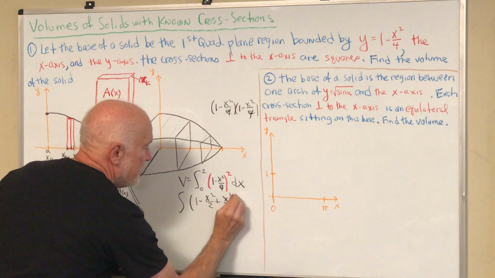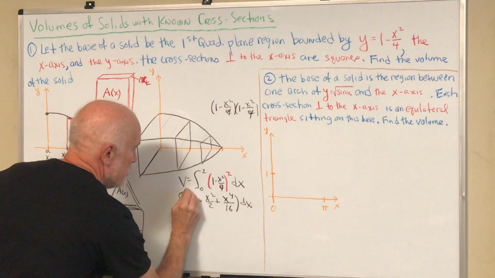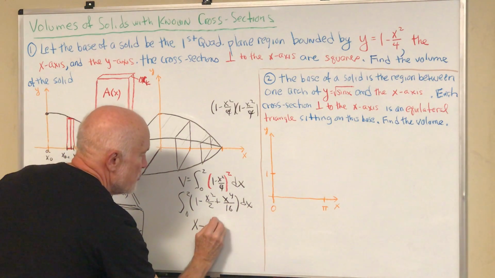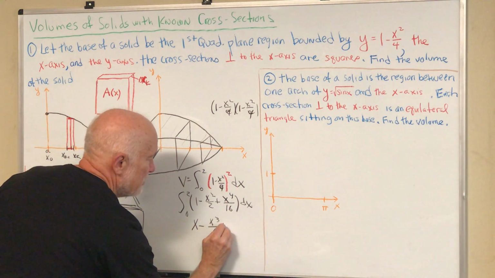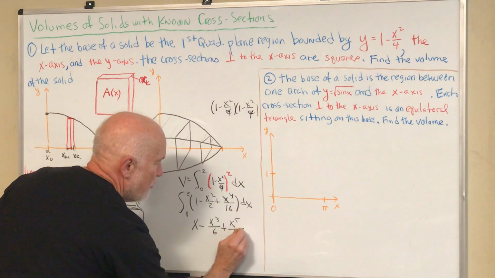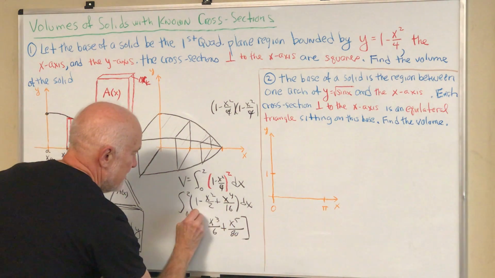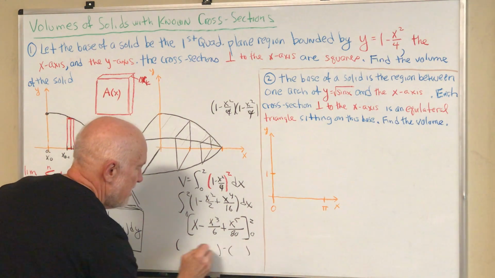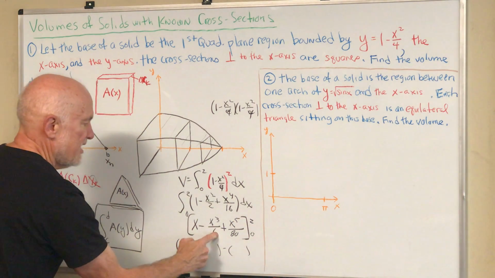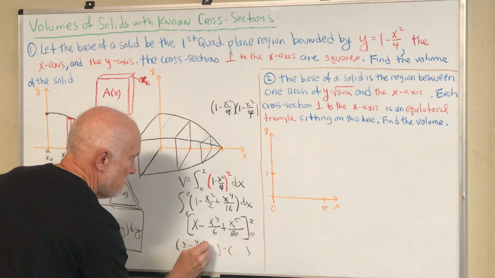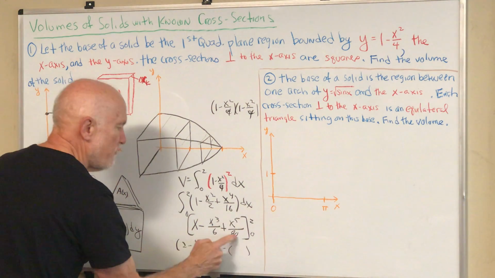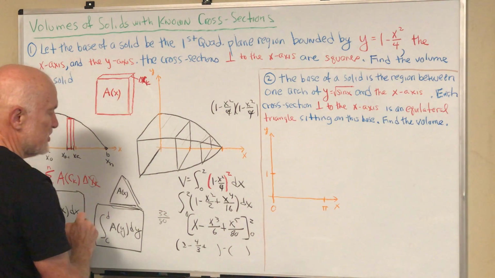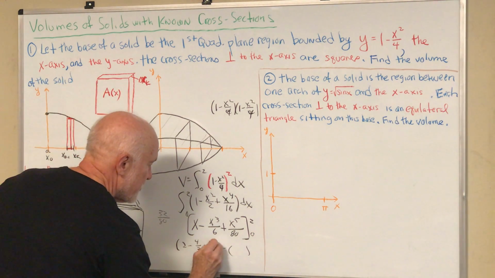If you take that integral from 0 to 2, you get x minus, and then this becomes x cubed over 6, plus x to the 5th over 80. Luckily, we're only going from 0 to 2. So we get 2 minus 4/3 plus 32/80, which, if you put 16 in there, you get 2/5.